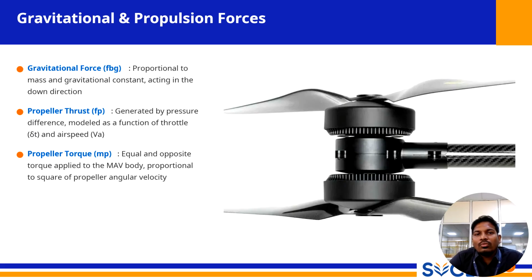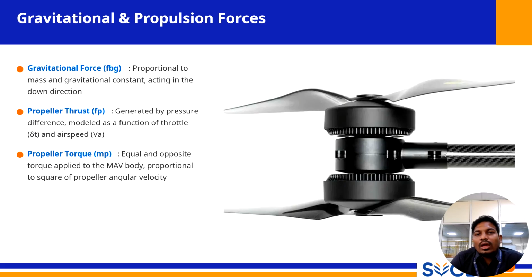For the purpose of control system design, this thrust is modeled as a function of throttle setting delta T and airspeed VA. The throttle setting delta T is the command sent from the autopilot to the electronic speed controller, determining how fast the motor spins. The higher throttle results in more thrust.